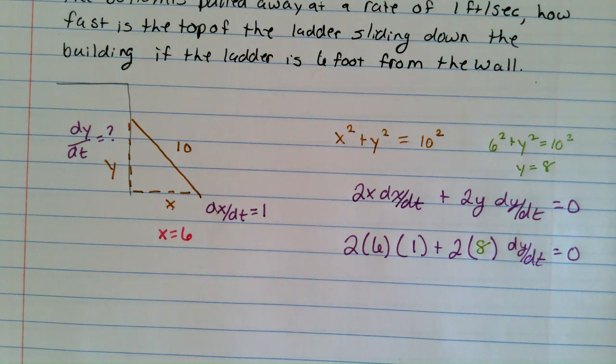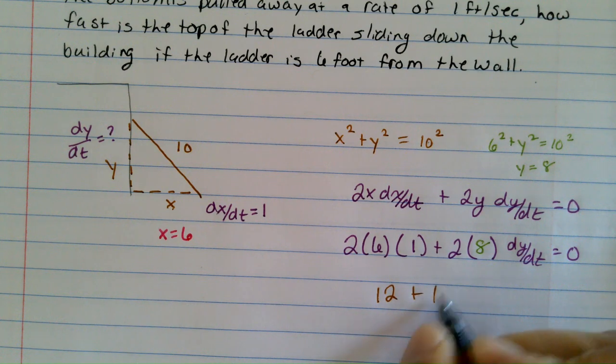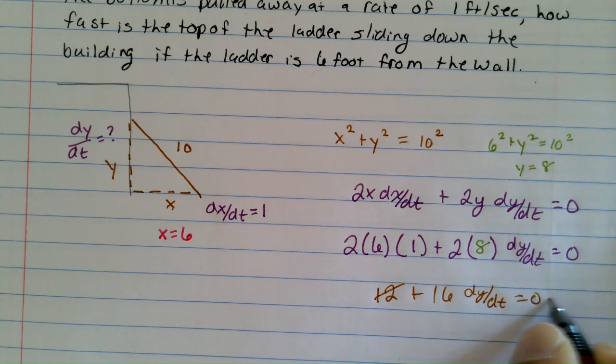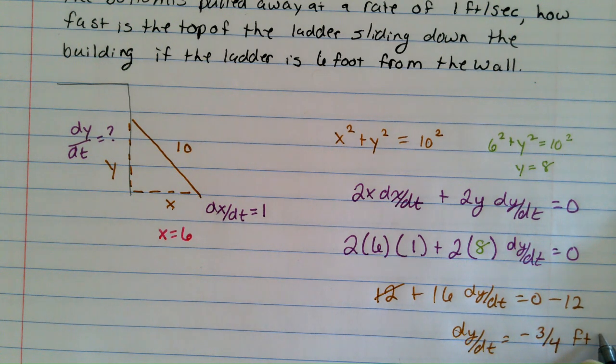Okay, so now I can say 12 plus 16 dy/dt equals 0. So I'll subtract 12, divide by 16. Negative 3/4, and that of course is going to be labeled in feet per second.